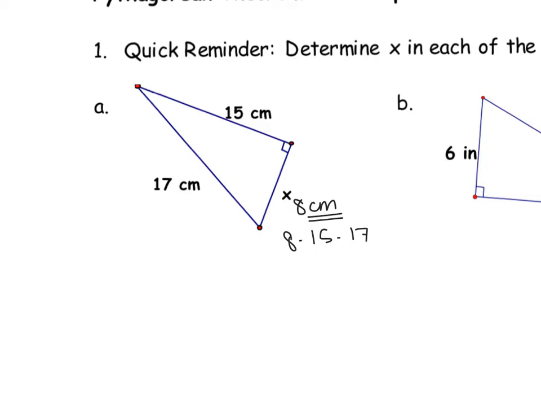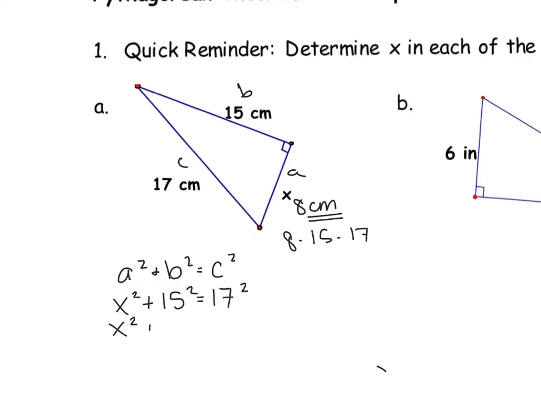No problem, you can still use the Pythagorean theorem. Remember, a and b are my legs, c is my hypotenuse, and the rule is a squared plus b squared equals c squared. So I would have x squared plus 15 squared equals 17 squared. 15 squared is 225, and 17 squared is 289.